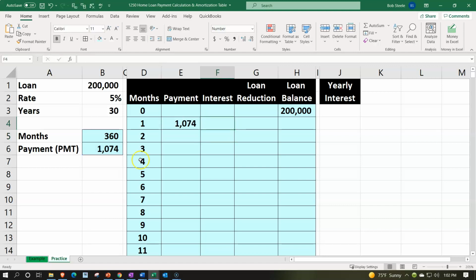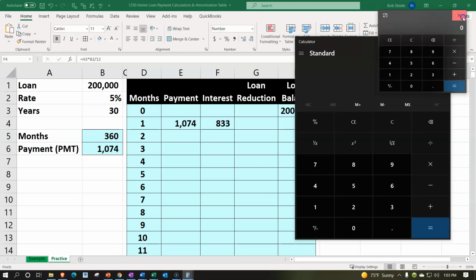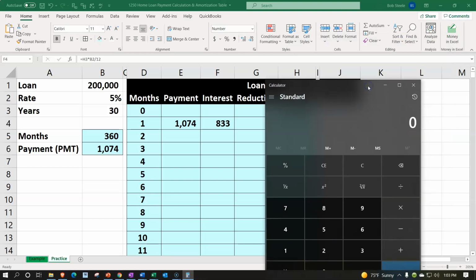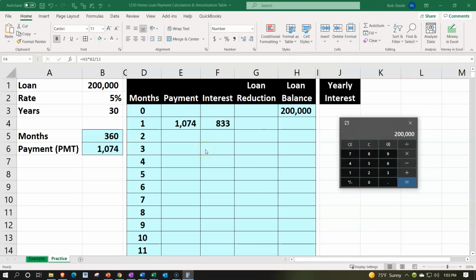The interest then would be calculated by taking, this is going to be equal to the prior balance times the 5%. That would be for a year though, so we got to take that and divide it by 12 to get the monthly amount. So in other words, if we pulled out the trusty calculator here, we could take the 200,000 times the 0.05 or 5%.